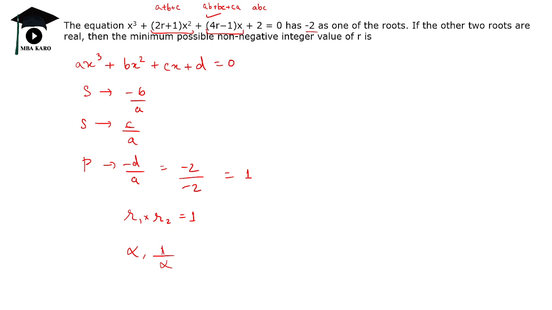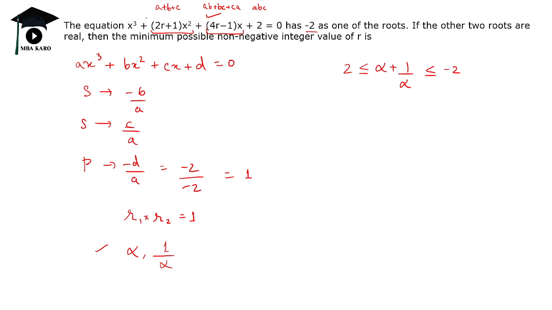This is a very interesting property to know: because the product is 1, the roots are inverses of each other. Another property is that alpha + 1/alpha lies in this range: it has to be greater than or equal to 2 or less than or equal to −2.